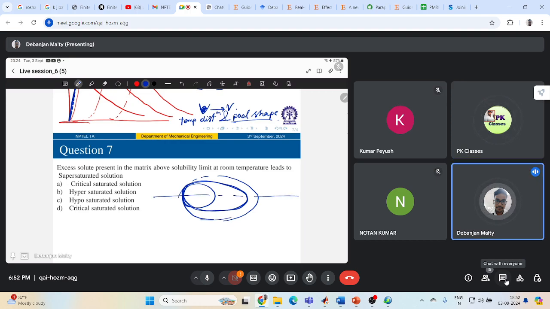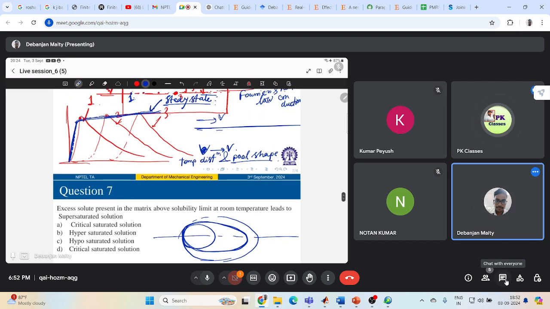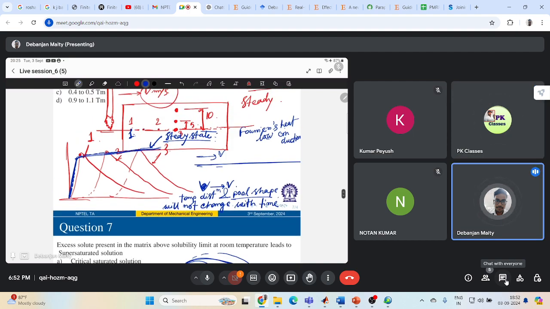The shape also will not change with time if you are moving with your heat source. This I am talking about the center line.